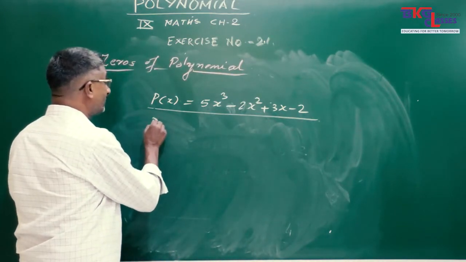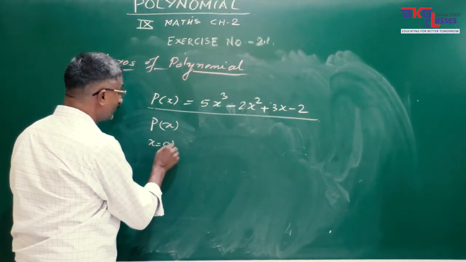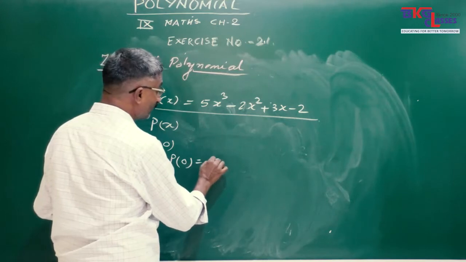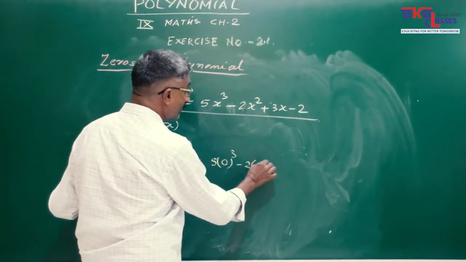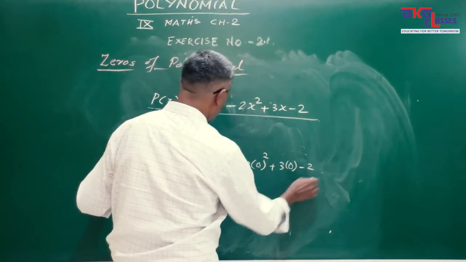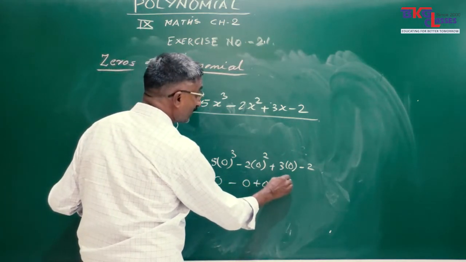So, I can write p(0) is equal to 5 into 0³ − 2 into 0² + 3 into 0 − 2. So, all these terms will be 0, leaving minus 2.